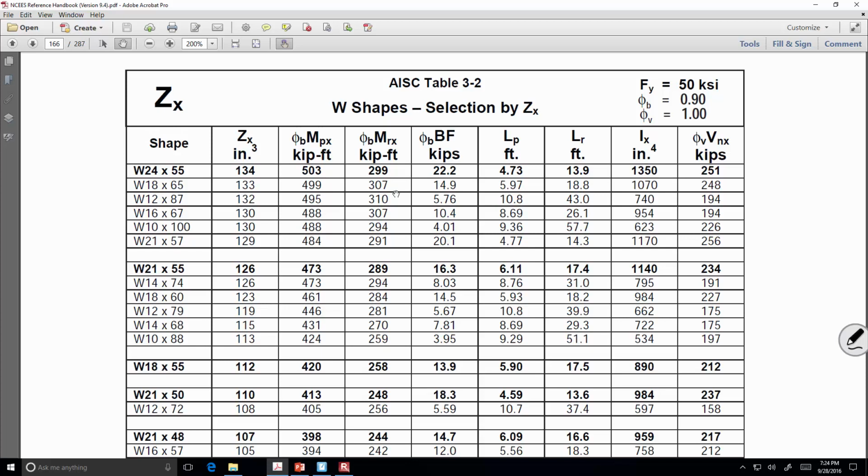Now, in this table, there are a lot of terms that are very important to us. So we're dealing with a 24 by 55. So what's going on here? So it's a W24 by 55, right? So W24 by 55, that's the beam on the very, very top. ZX is what, 134 cubic inches?